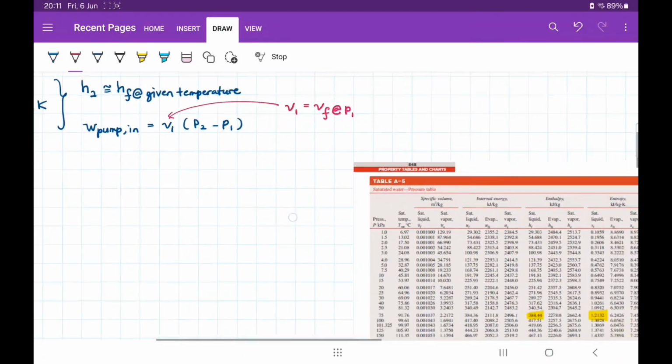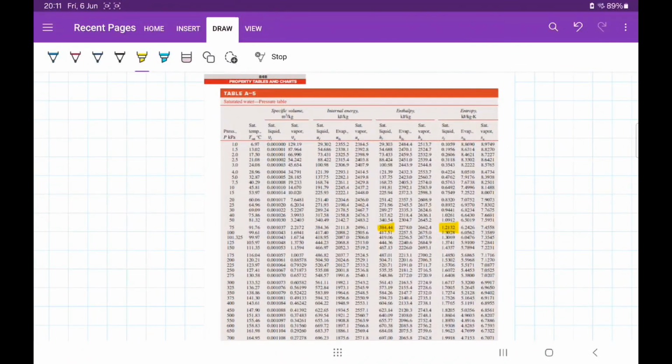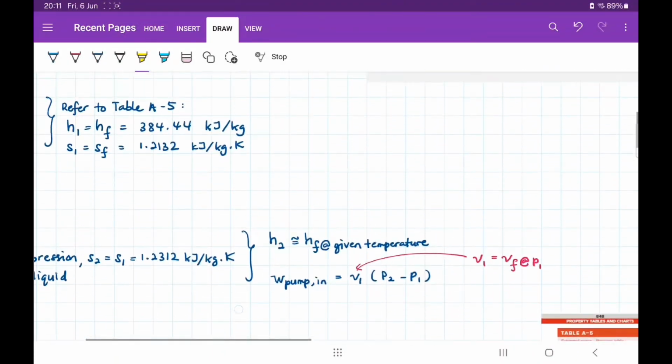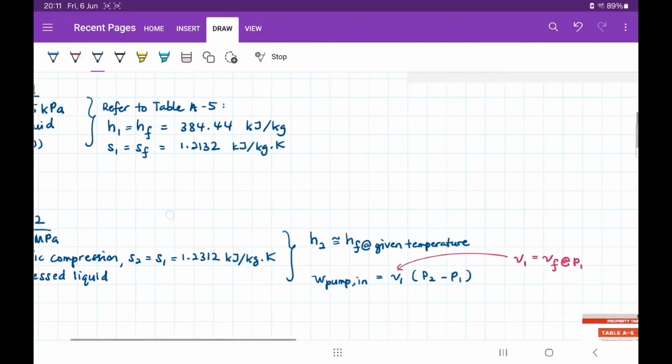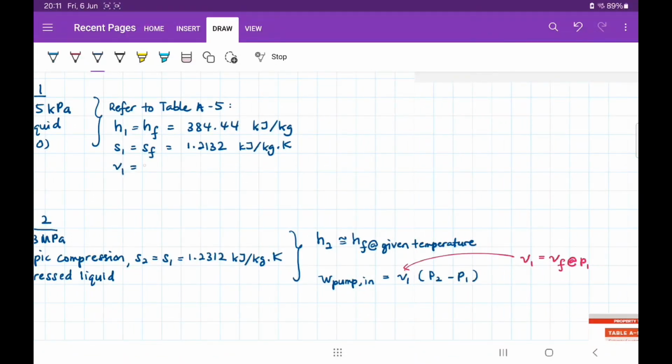So we go back to our table A5 and find Vf at the pressure, which is this one. Our V1 equals Vf equals 0.01037, and this is volume, so it's meter cube per kilogram.